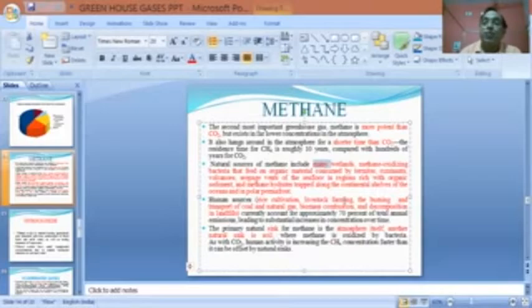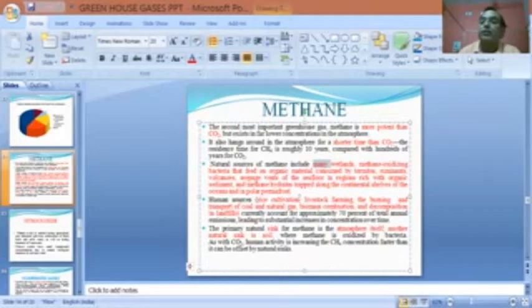They ruminate their food, and you see the froth of gases around their mouth, and this froth of gas is very rich in methane. So livestock, the animal husbandry sector, is also contributing to the addition of methane into the environment.